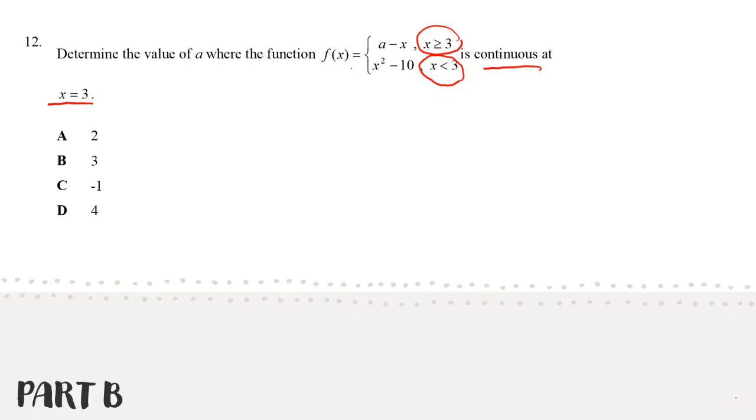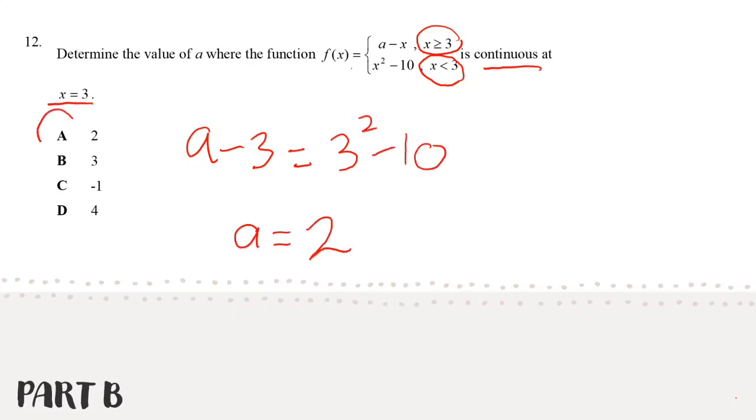Okay, so you don't need to do your calculation in limit form. What you have to do is to equate both functions and substitute x is equal to 3. So we have a minus 3. Okay, we equate equation 1 and equation 2 and substitute x equal to 3, and you get a is equal to 2.